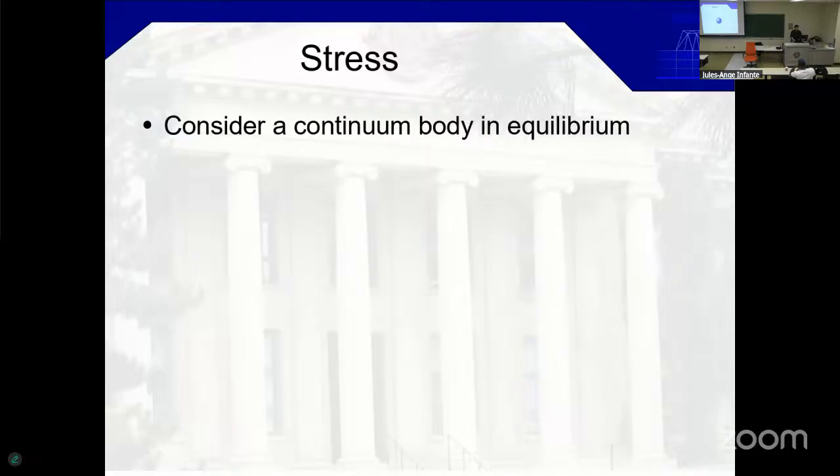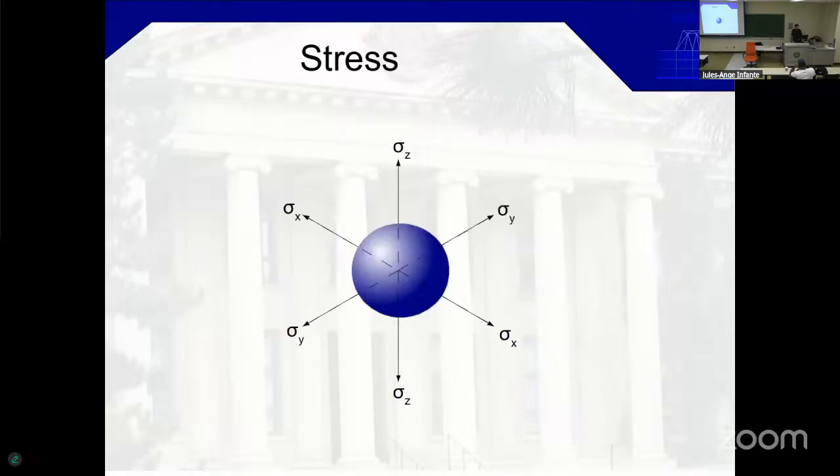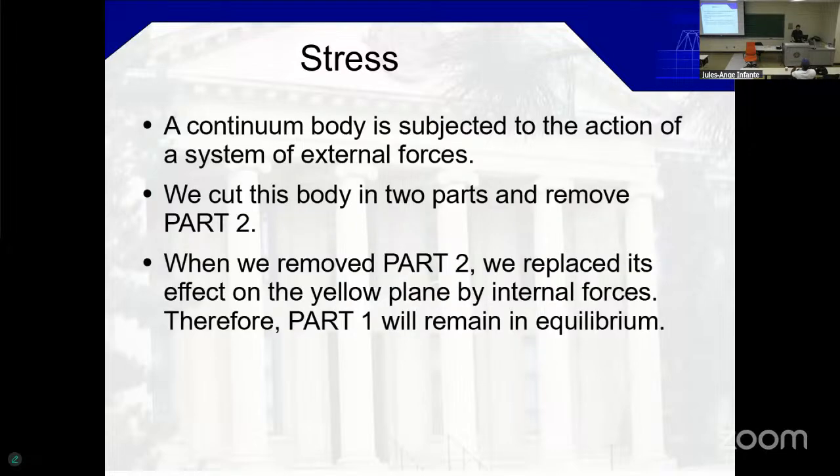In terms of stress, if you consider a body subjected to stress, an object is subjected to the action of a system of external forces, right? So you will have stresses in the different direction, and you need to express the stresses acting on that object.